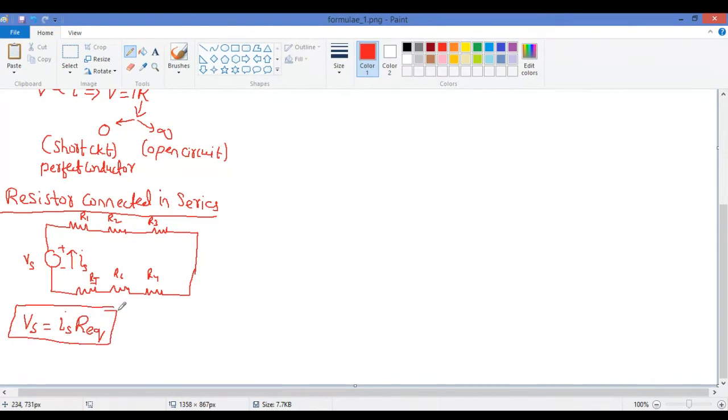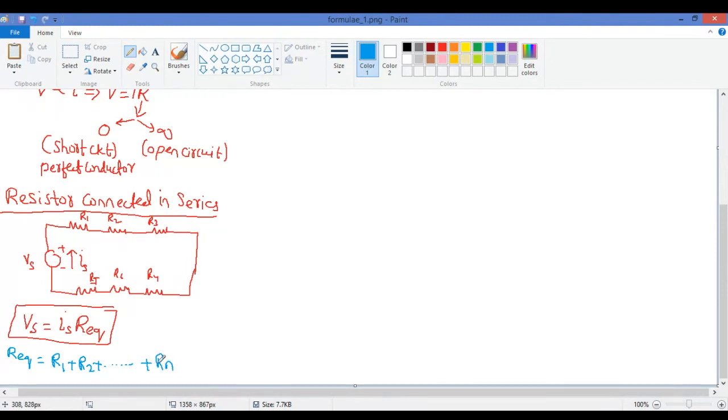So the question is, what is R equivalent? If the resistors are in series, then their equivalent resistance is the sum of them: R1 plus R2 plus R3 plus R4, however many you have, up to Rn.